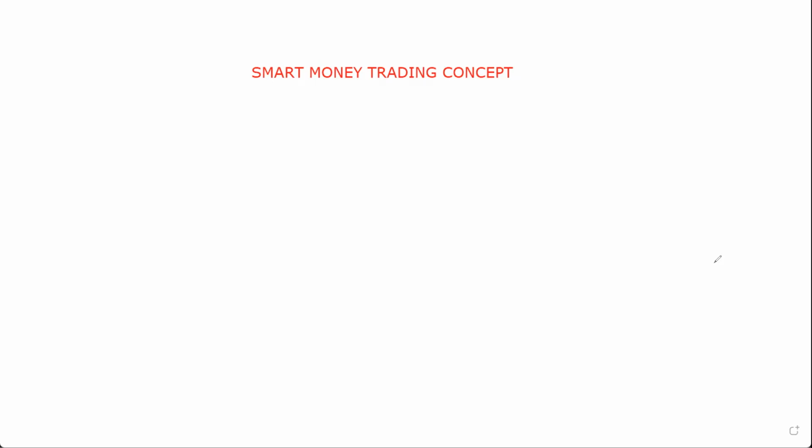The best way I can define the idea behind the smart money trading concept is that it's just a style of trading. If I were to ask you what the different styles of traders are, some of you would mention indicator-based traders, who look for opportunities in the market based on indicators.